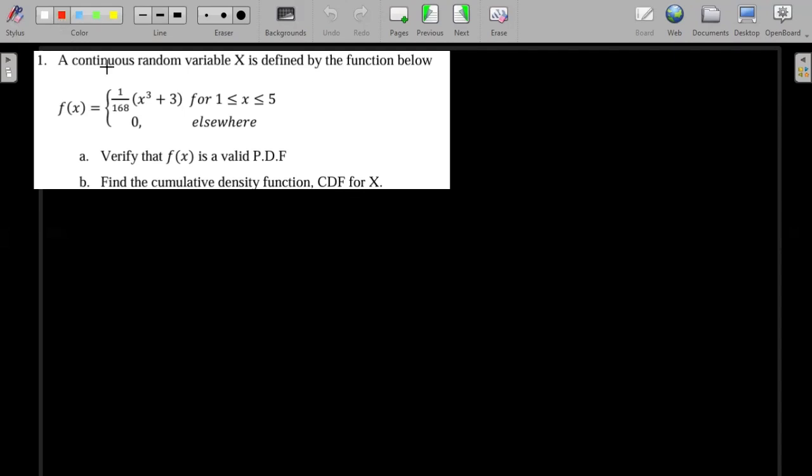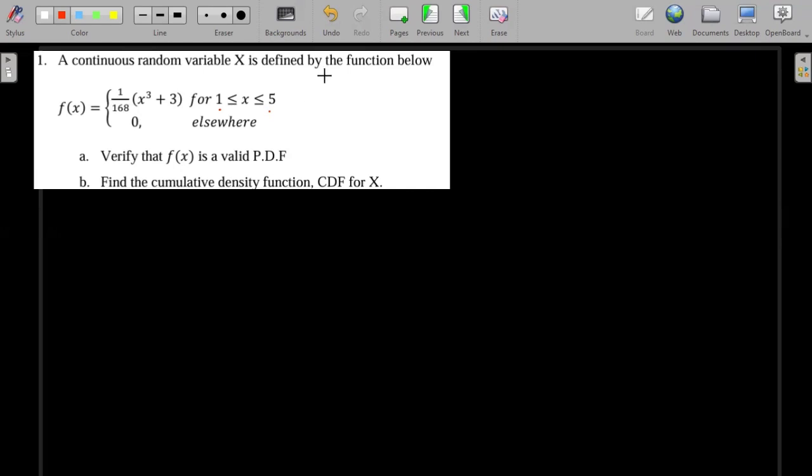Question 1: a continuous random variable X is defined by the function below. This is a piecewise function that tells us that from 1 to 5, the value of this function is 1 over 168 times, in the brackets, x to the power 3 plus 3, and elsewhere it's 0.